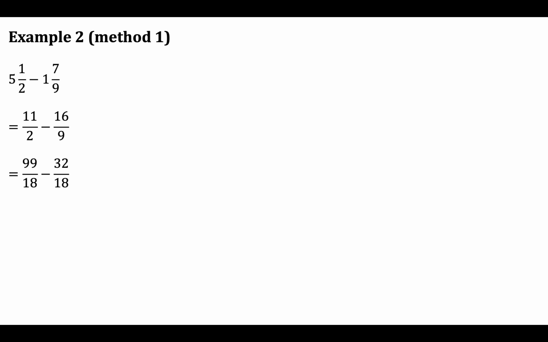So 11/2 in terms of 18ths is 99/18ths, and 16/9 in terms of 18ths is 32/18ths. Carrying out this subtraction then gets us 67/18ths, or as a mixed number, 3 and 13/18ths.